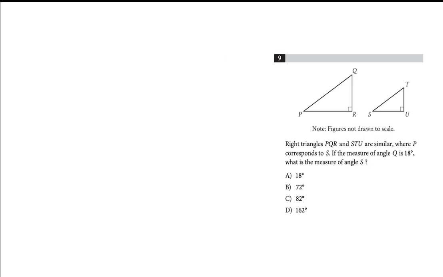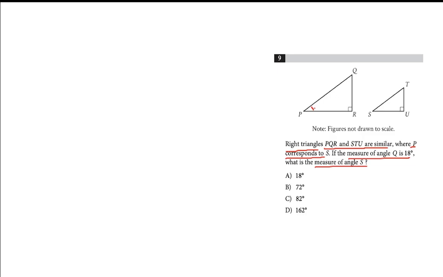Okay, now we have a pretty simple right triangle problem here, guys. Right triangles PQR and STU are similar, where P corresponds to S. If the measure of angle Q is 18 degrees, what is the measure of angle S? We already have our right triangles drawn for you, and the problem says right triangles PQR and STU are similar.